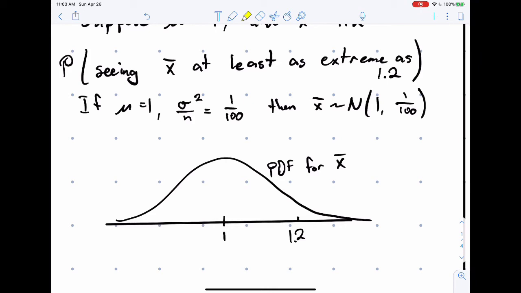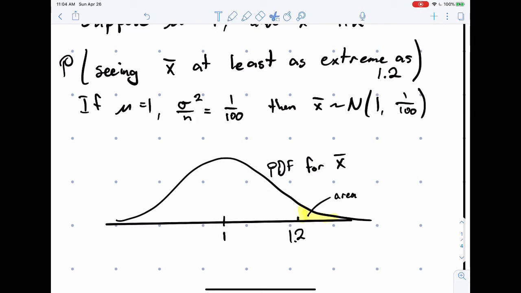To answer that question, we need to look at this area on the right-hand side. The probability of seeing something at least as extreme is just the area to the right of 1.2. That shows us the probability of getting something as extreme or more extreme than 1.2, because it seems far from 1.